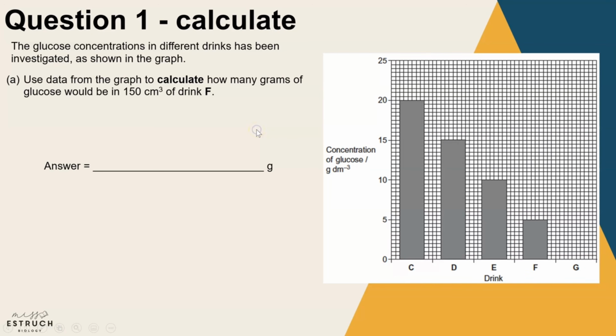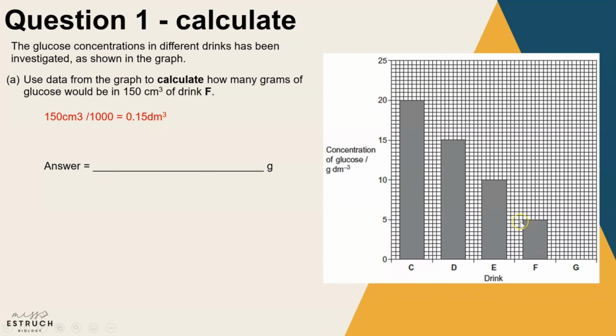So first step would be converting the units, as I said. So 150 centimetres cubed into decimetres cubed, we need to divide by 1,000. So we're actually working out how many grams of glucose are there in 0.15 decimetres cubed.